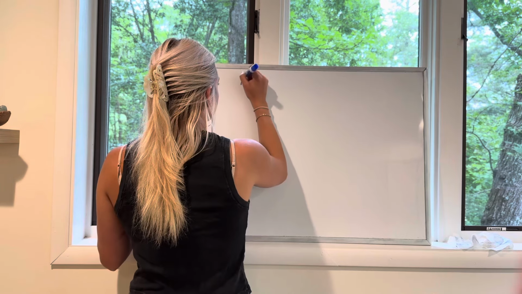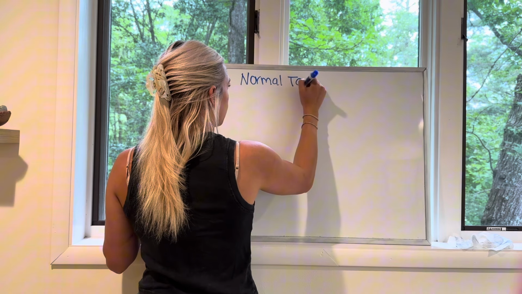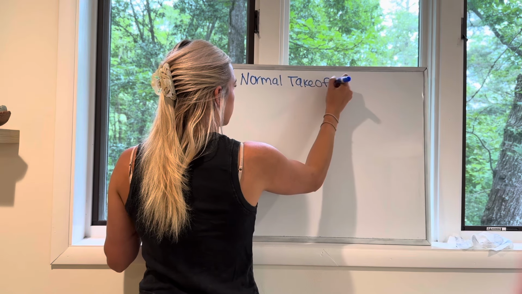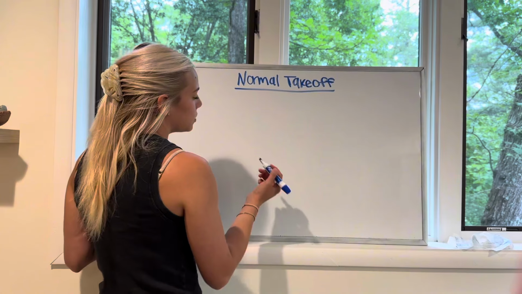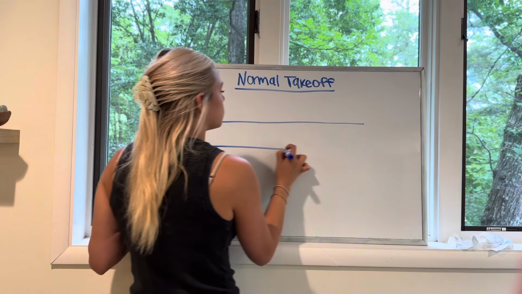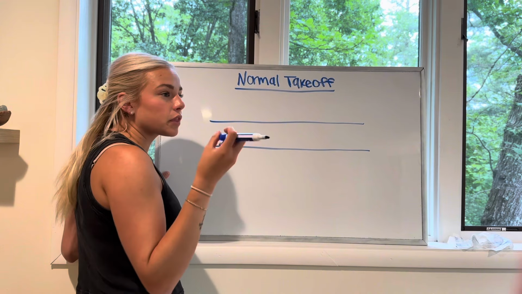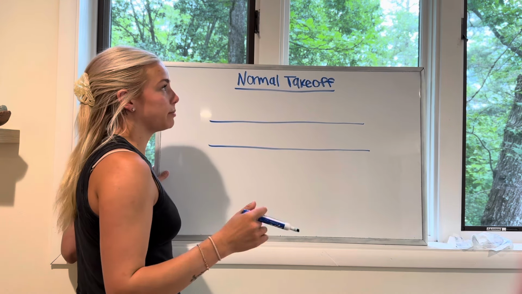First, we're going to start with a normal takeoff. I think what I would start out explaining is just kind of doing a little diagram of the runway at the airport that we're going to be using to train, and at the airport that I do my check ride at.